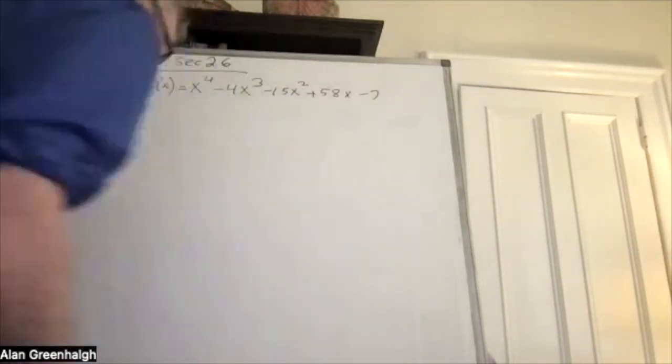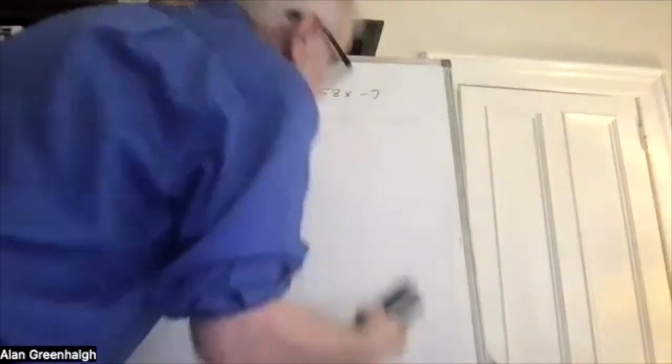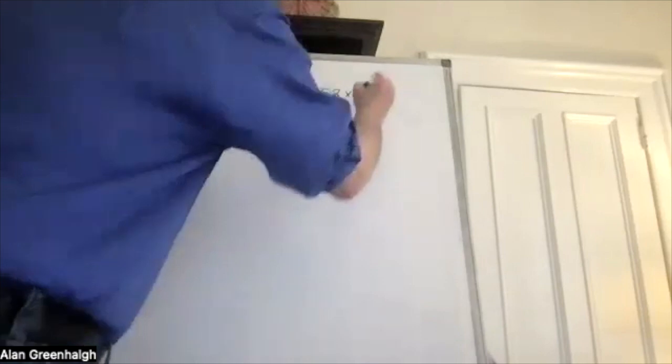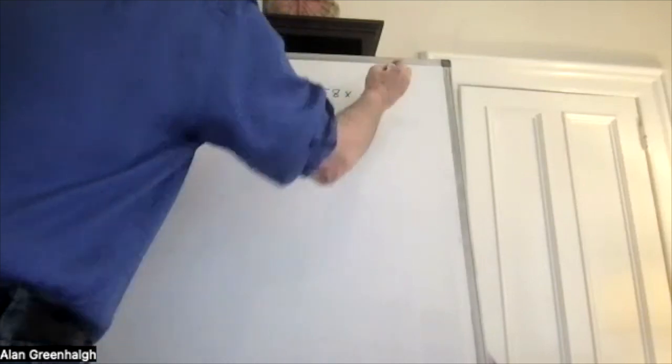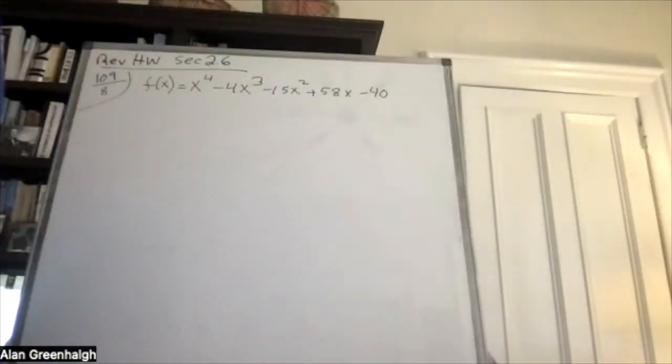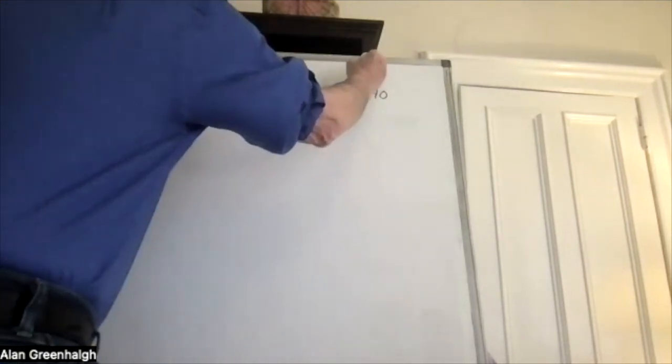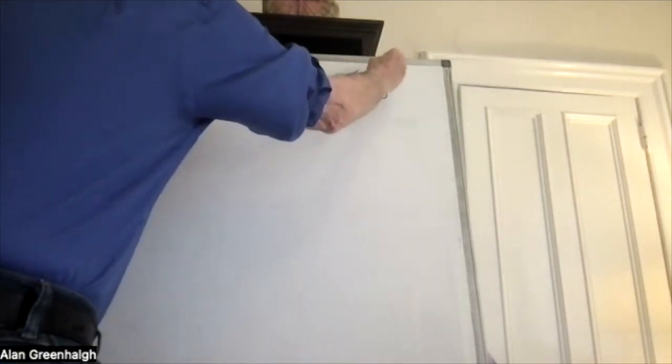You're given. Why would a person write a 20 when it says 40? Welcome to mathematics. And the question is, you're given this function, you are told that these are 2 of the factors.